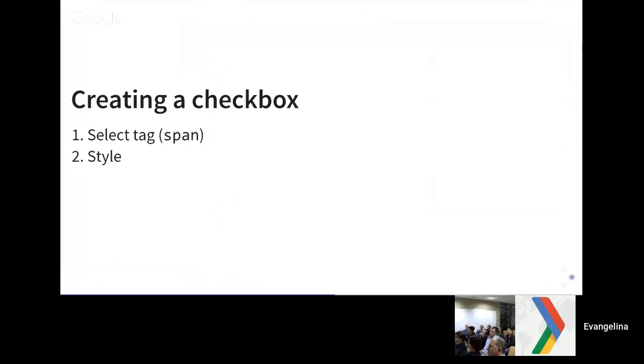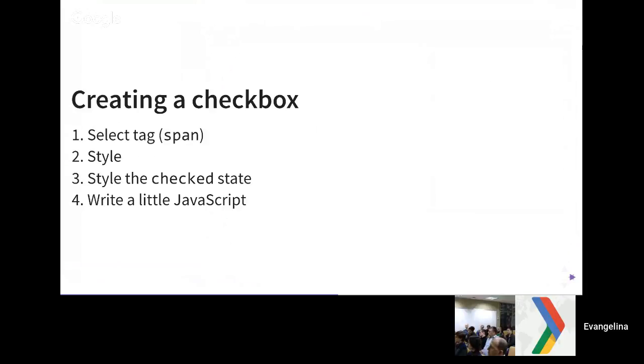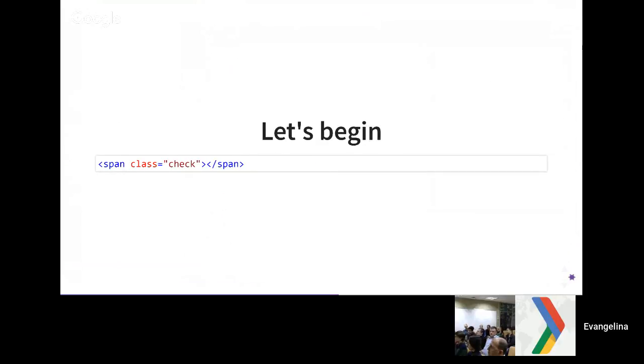Then we need to style it to make it look the way we want according to the design. We also need to style the check state because this element is a checkbox and it will be checked and unchecked. And last, we will need to write a little JavaScript to make this work as a normal checkbox would work. So let's begin. First, we create our element.